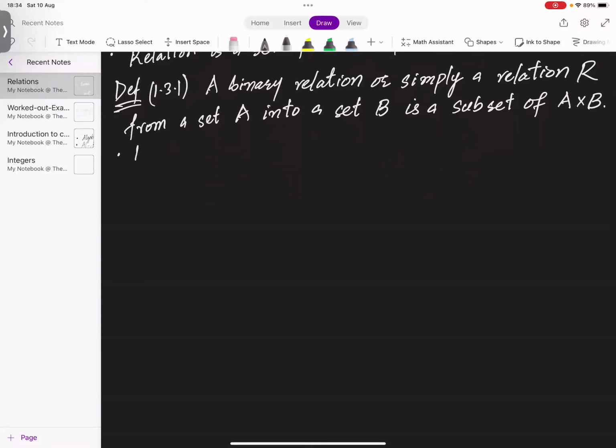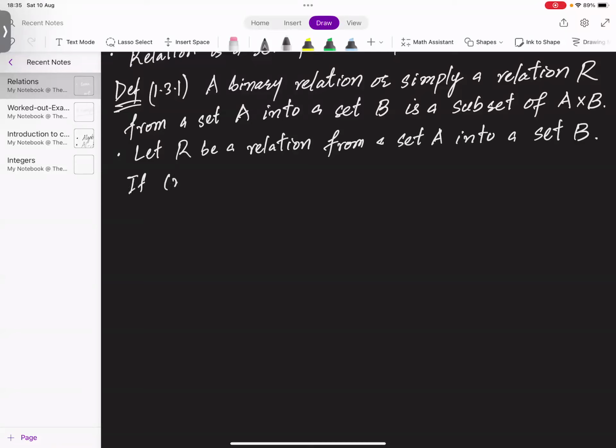Now, a property. Let R be a relation from a set A into a set B. If (x, y) is in R, we can write it as x is R-related to y, or R of x is y.